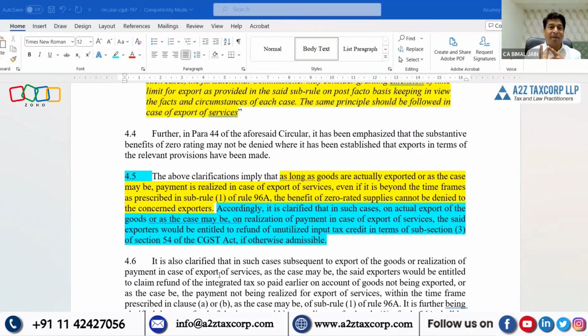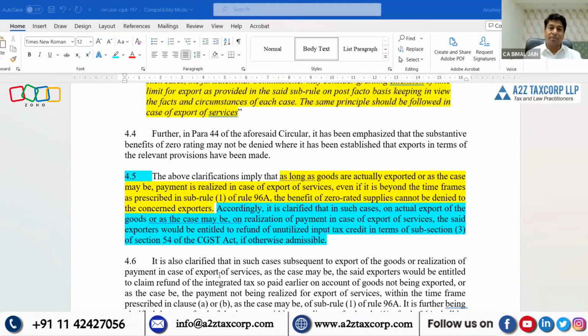Clarity number 1, field formation should not insist you to make payment of IGST. If you could not export within 3 months or could not realize money within 1 year for export of services, they should not insist.